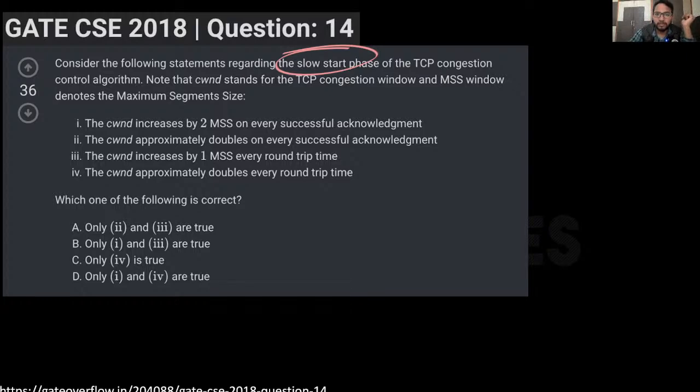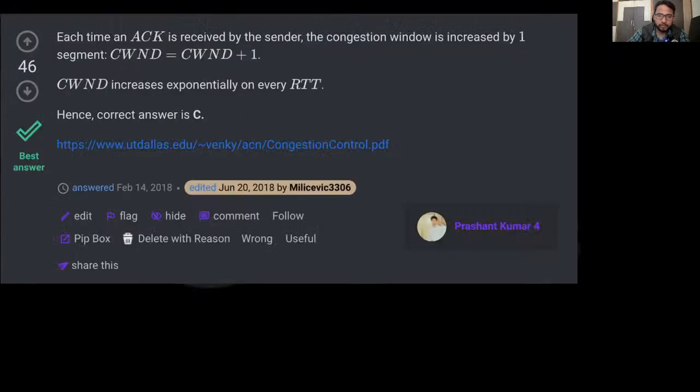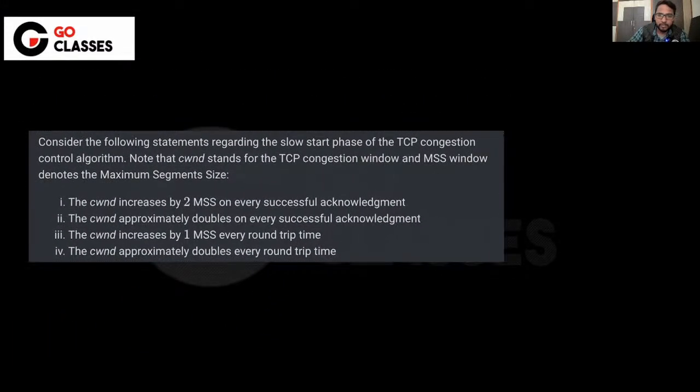Let me just modify this question for congestion avoidance. So we can modify the same question and say here, let's talk about the congestion avoidance. So instead of slow start, let me say congestion avoidance phase. CA means congestion avoidance, not the chartered accountant.